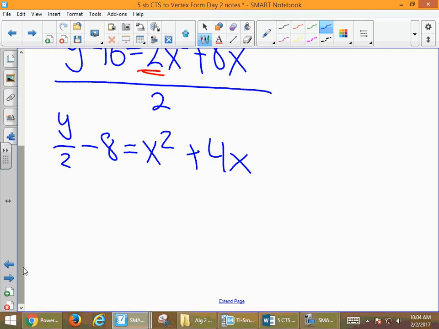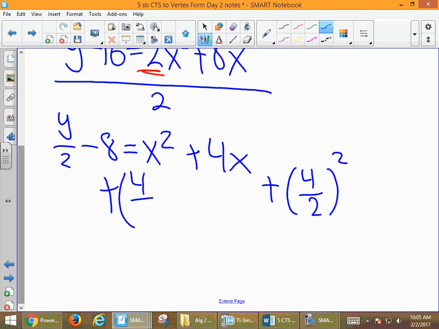And so now we have to remember our next step in completing the square. What do we have to do next? Oscar. So we can add b over 2 squared to both sides. And so what is our b in this case? 4. So we're going to add 4 over 2 squared to both sides.